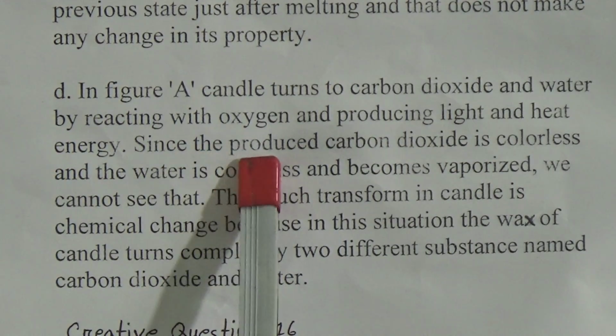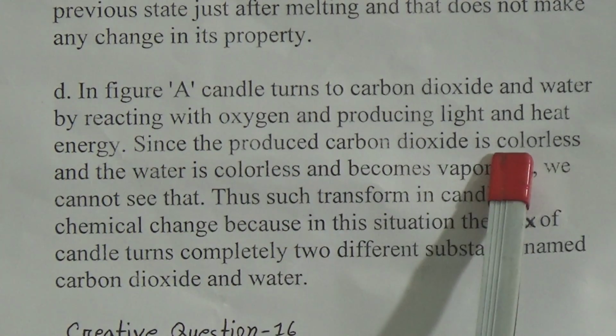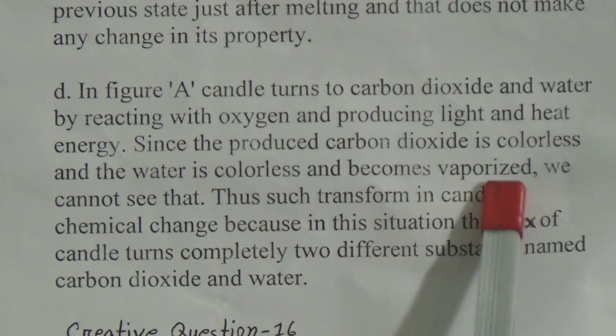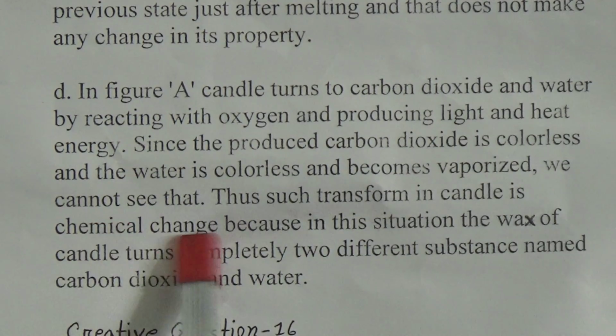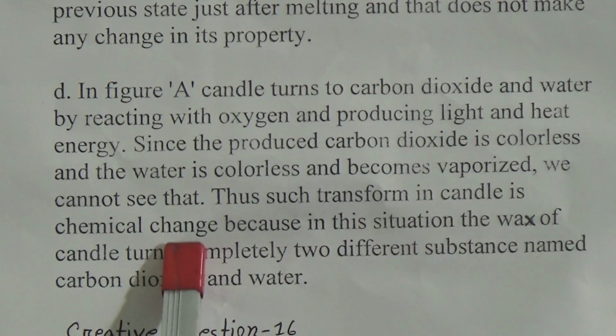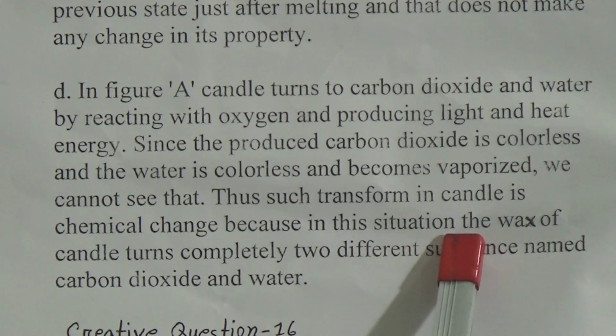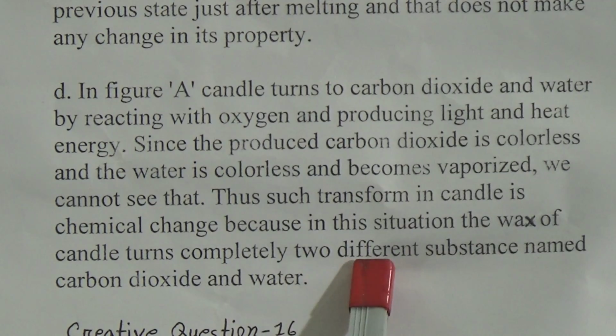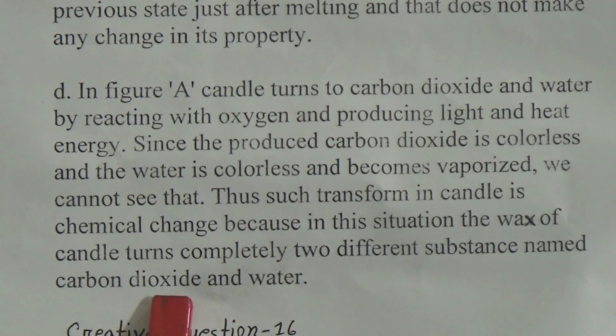Since the produced carbon dioxide is colorless and the water is colorless and becomes vaporized, we cannot see that. Thus, such a transformation in the candle is a chemical change, because in this situation the wax of the candle turns completely to different substances named carbon dioxide and water.